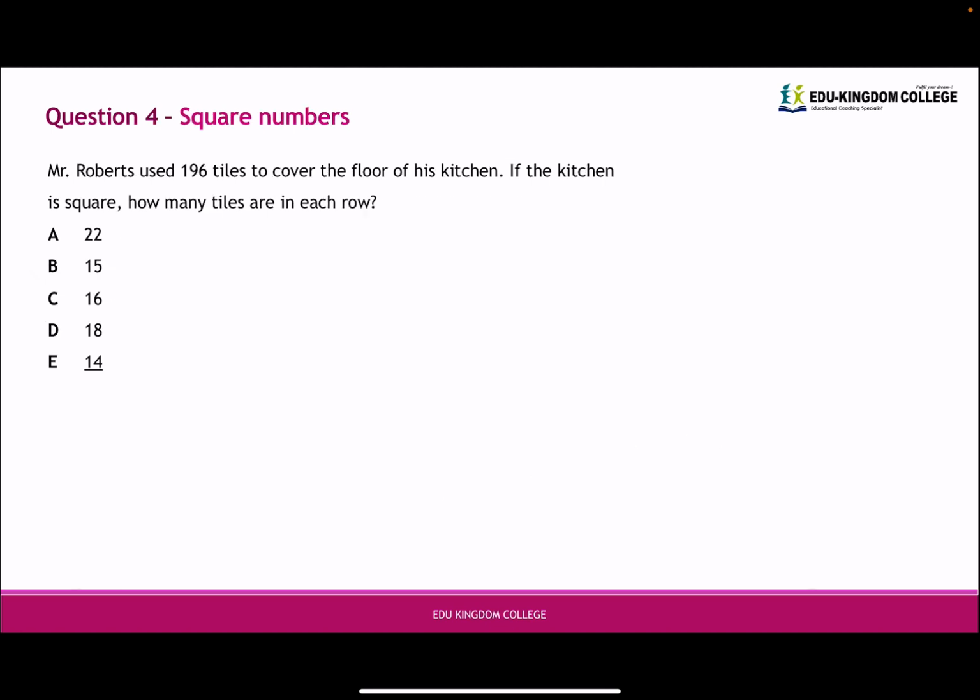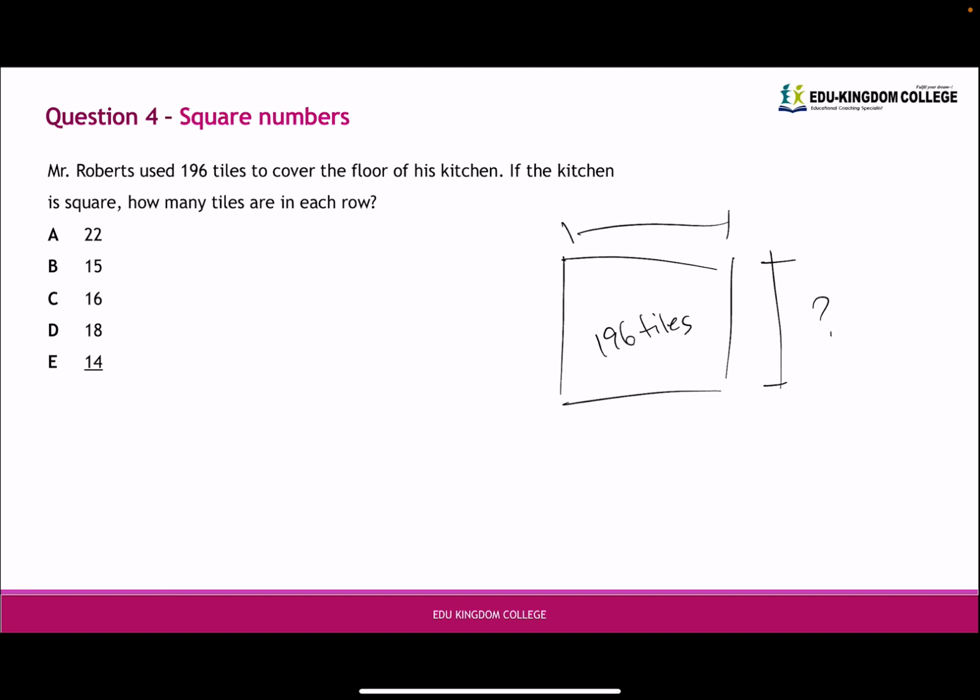So question 4, Mr. Roberts has a square kitchen and uses 196 tiles to cover it. We're trying to find how many tiles are in each row. It's quite important for you guys to be able to remember the more important square numbers.